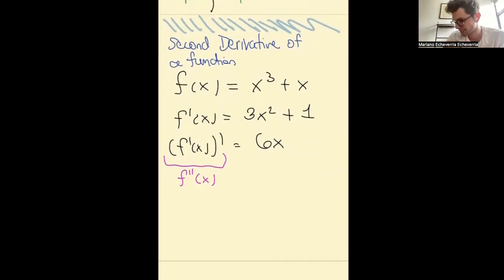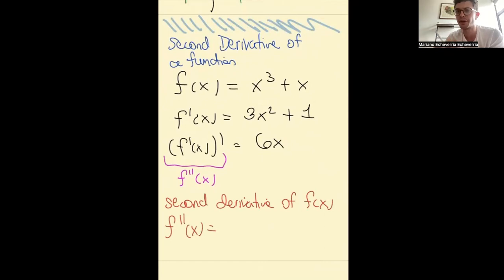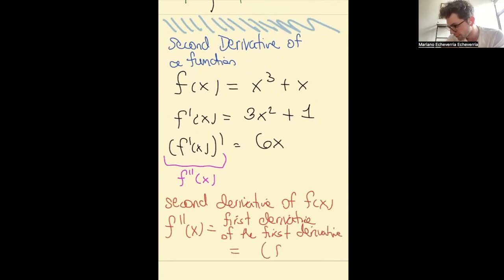So the second derivative of f of x, in words, is the first derivative of the first derivative, or f prime of x, prime.